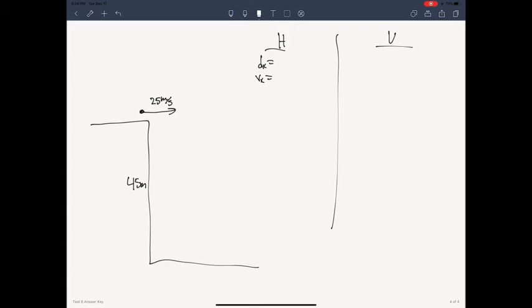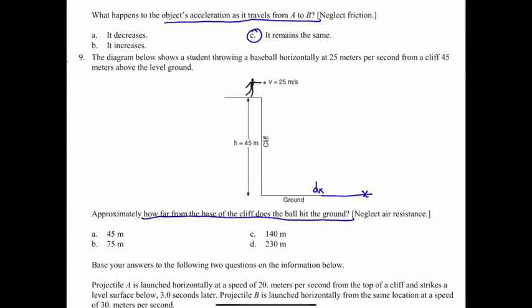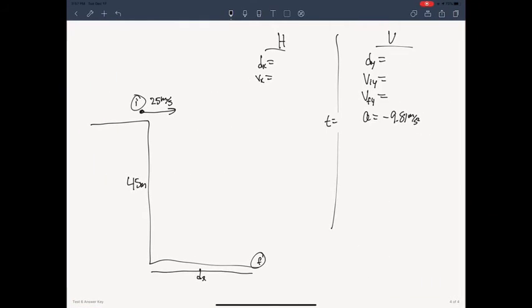But it's going to make it work out right. dy, viy, vfy, and this will be negative 9.81 meters per second squared, and this is going to be our initial position. This is going to be our final position over here, and we want dx.